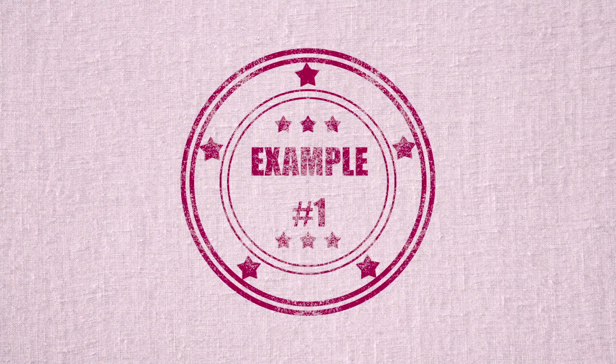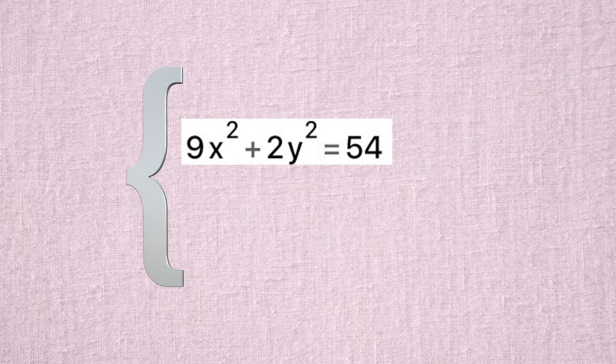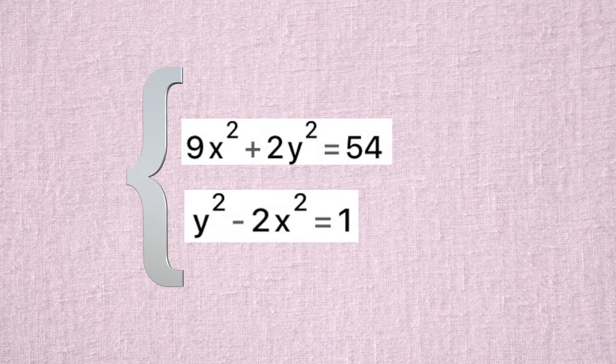Example number 1. For the first equation, 9x squared plus 2y squared equals 54, and for the second equation, y squared minus 2x squared equals 1. For this problem, I will choose the second equation to be substituted inside 9x squared plus 2y squared equals 54.